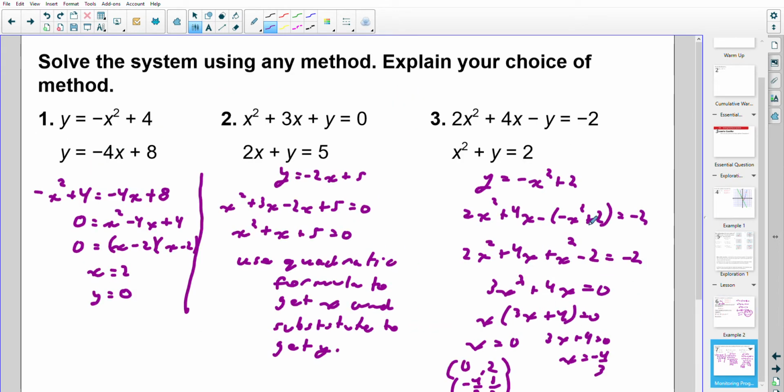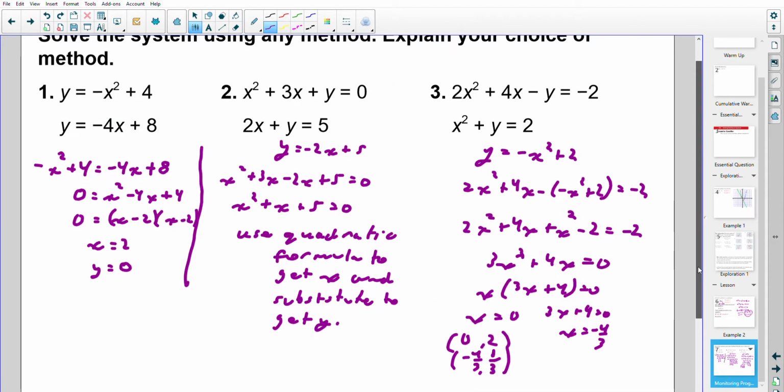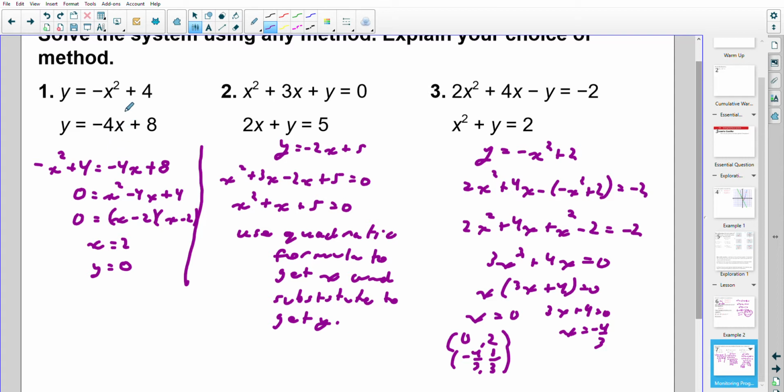Now, I worked these problems out ahead of time because there's a lot of work, but the main step, which is the first step, is important to talk about. When you have a y equals and a y equals equation, both of these y's are equal to each other. So what I did is I basically substituted this right here in for this y and made an equation.